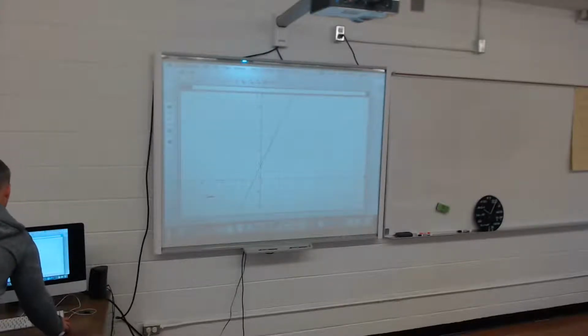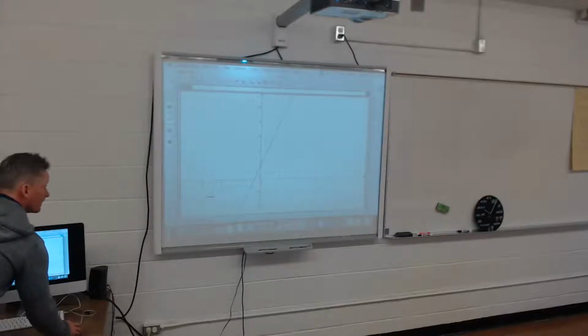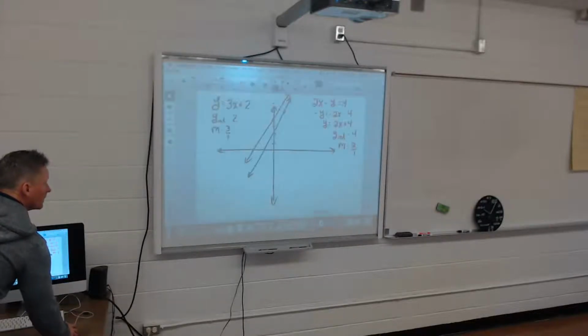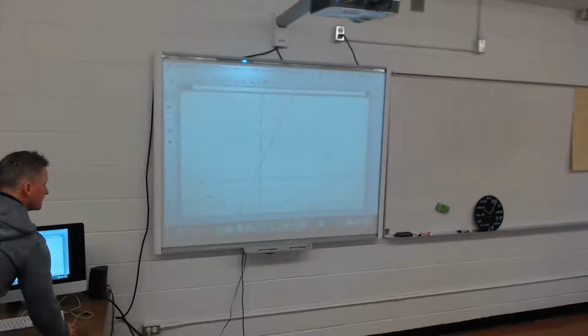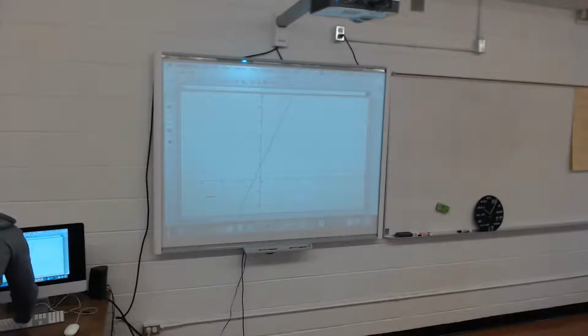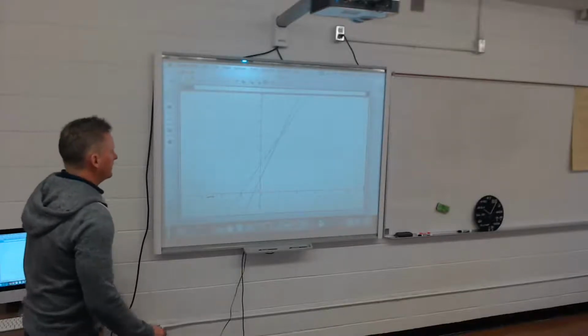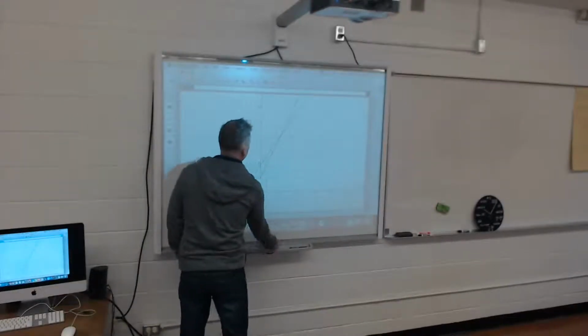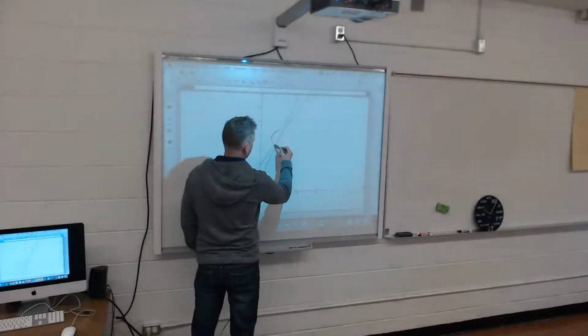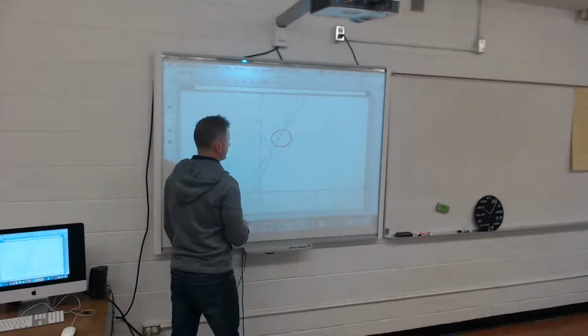And then I'm going to graph my second one, which was 2x minus y equals negative 4. And what I'm seeing is an intersection point right there.